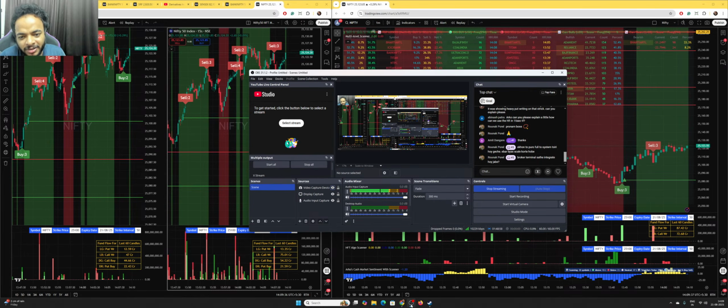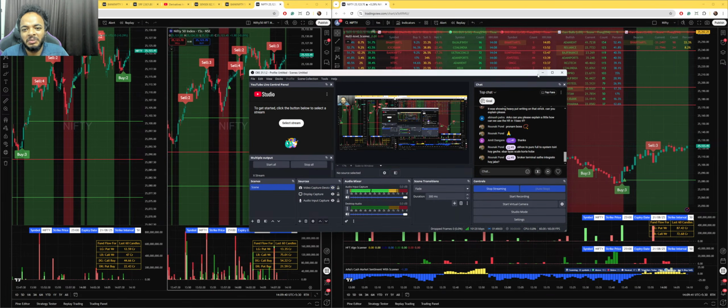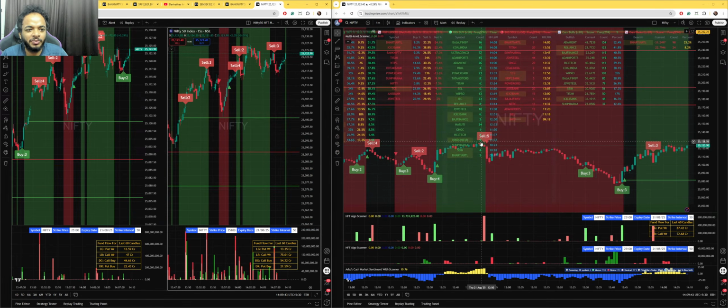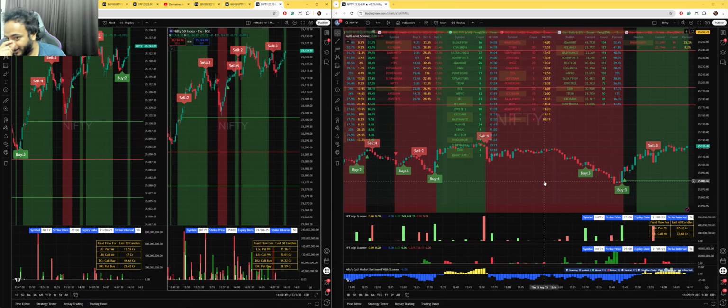For now, even the broker terminals have this through webhook, but I don't feel that is automated. Even on TradingView, the only Indian broker that you see on TradingView, which has collaborated with TradingView, is the Dhan platform.